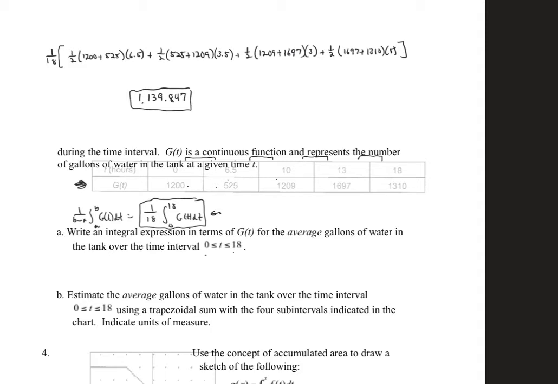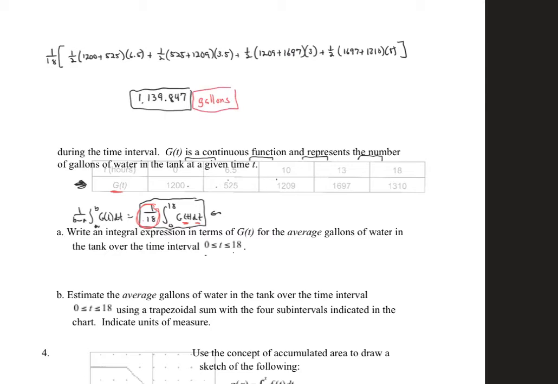So our integral here, we had G was in gallons, and the 1 over 18, but this is gallons times hours, and the 1 over 18 is going to have a unit in the denominator of hours, and so what we're going to get is the average number of gallons that are in the tank.